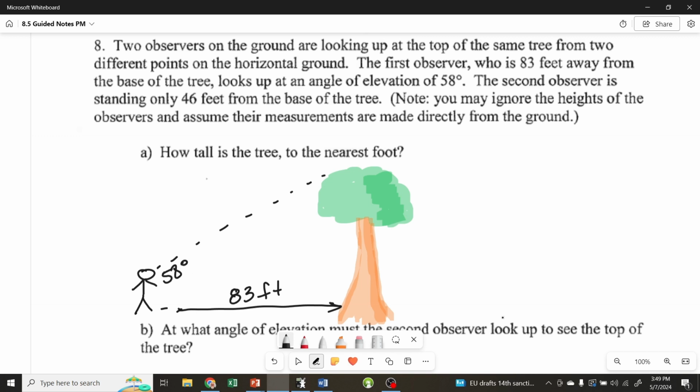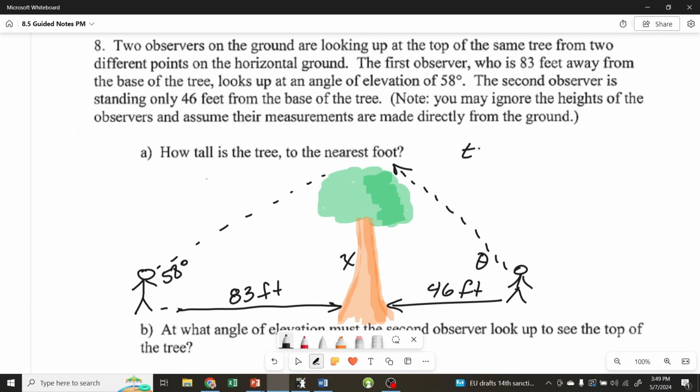Now the other observer is only 46 feet away. And they are looking up at this angle here. And we're going to call that theta because that is the variable for an angle. So first thing we're going to do is find the height of the tree, x.